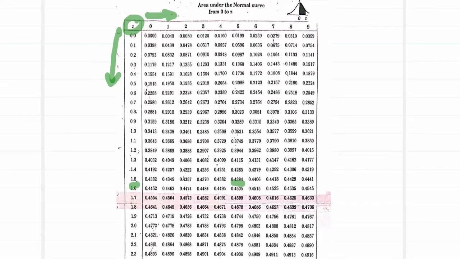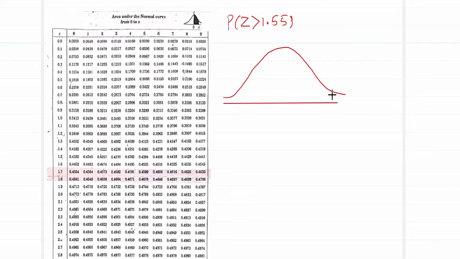Now how to go about the evaluation of the data? Now what is the requirement? I want probability of Z greater than 1.55. Diagram is necessary when it comes to normal distribution and when it comes to examination point of view. Okay, we need to keep in mind that our normal distribution curve is going to be a bell-shaped curve. So you can draw a bell-shaped curve which varies between minus infinity to plus infinity.